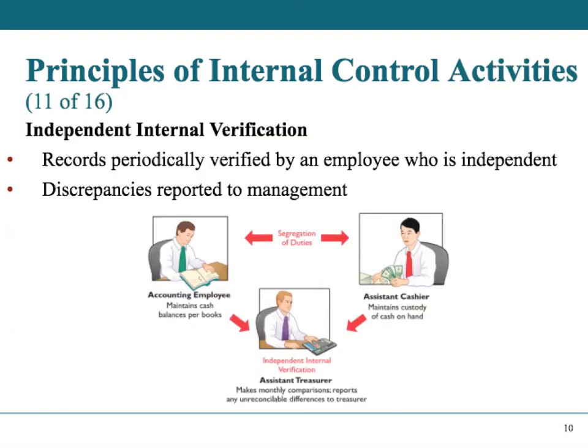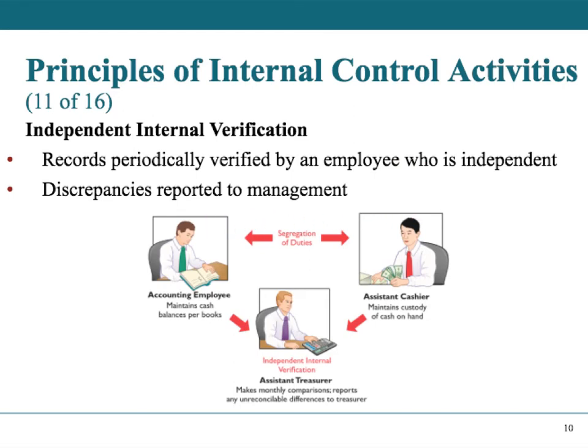Okay, independent internal verification is a little bit of a harder one, and a lot of times we show it on a picture to make it easier. Most of the time, independent internal verification is done by an overseeing manager. So for example, in this picture, we have two employees, one with books, the other one with physical access, so their duties are segregated.